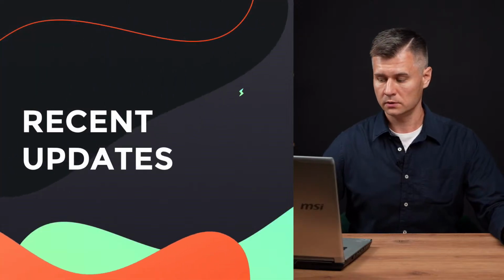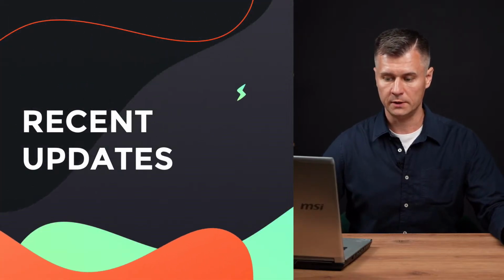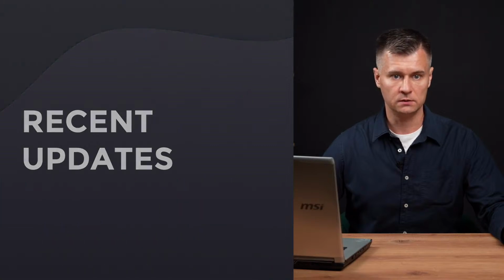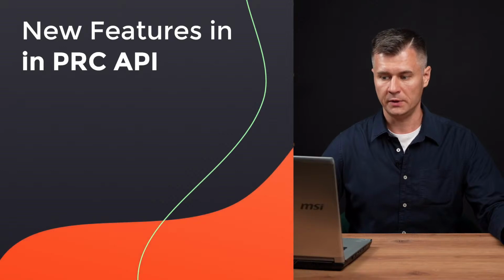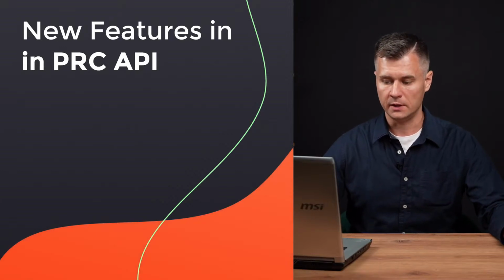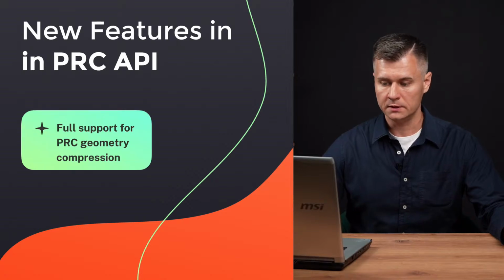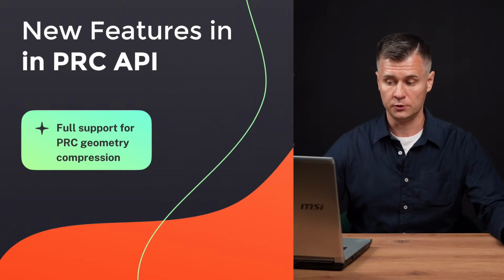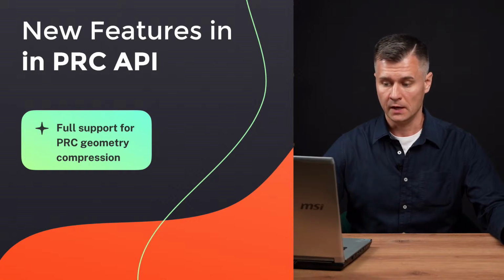The next block will be dedicated to recent updates, and let's start with the new features in the PSC API. This year we enhanced PSC creation with full support for PSC geometry compression, and that allows reducing output file size by up to 6 times.